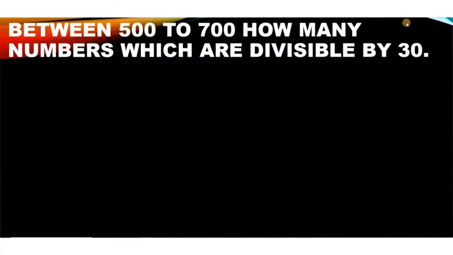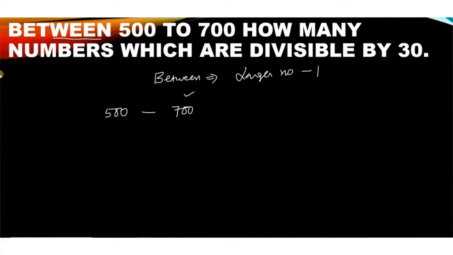Now the same question, but the only thing is that instead of up to, they have written between, and we know the rule of between. In between you have to consider the larger number, and then you have to do minus 1 from the larger number. So this is 500 and this is 700. Out of 500 and 700, 700 is the larger number, so minus 1 from here, and it is divisible by 30.